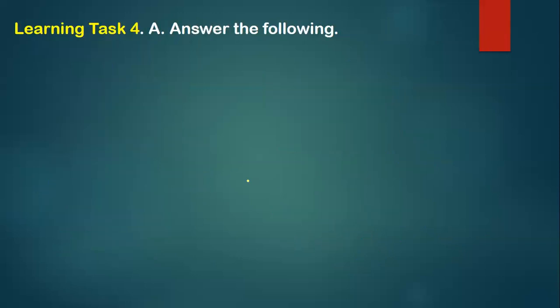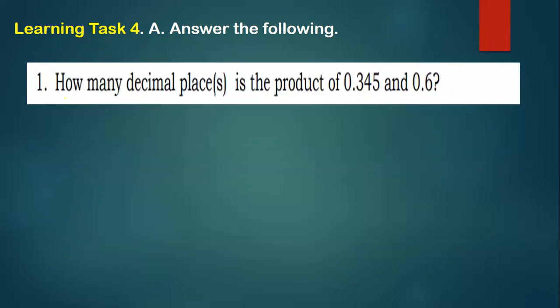And then, learning task 4 tayo. Answer the following. How many decimal places is the product of 345 thousandths and 6 tenths? Okay, ilang decimal places daw meron ang product ng 345 thousandths at 6 tenths. So, sulat muna natin. Okay, 0.345, and then 0.6.